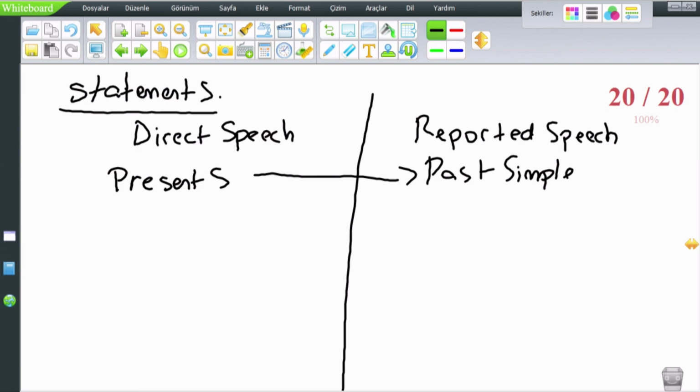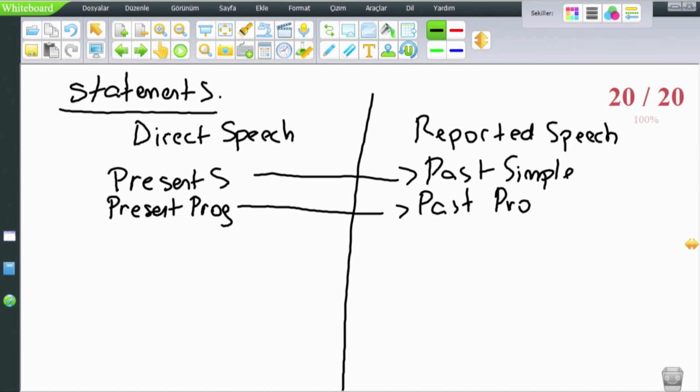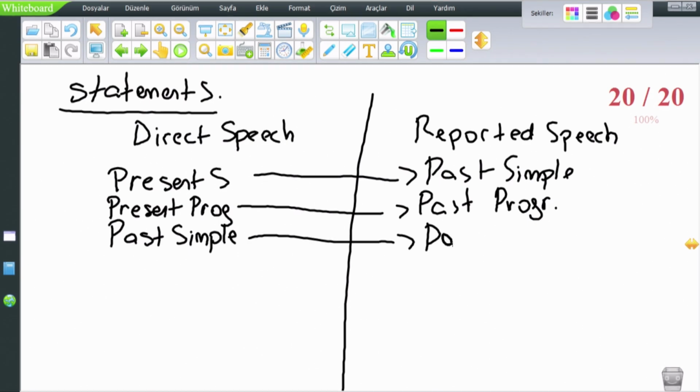Let's say that present progressive was used. I will use past progressive in the new reported speech sentence. Let's say that it is built with past simple. I will use past perfect.